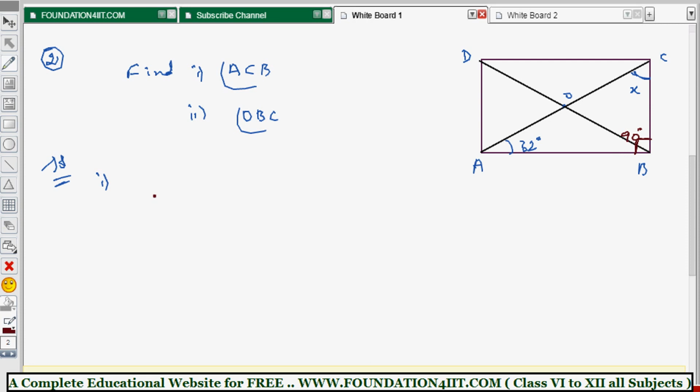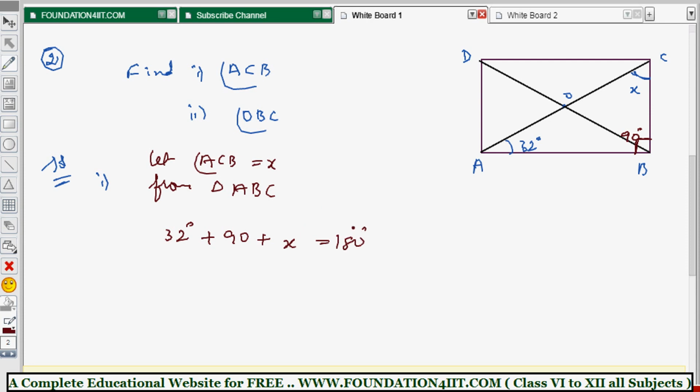From triangle ABC, angle BAC is 32 degrees plus 90 degrees plus the angle we have to find, ACB, which I took as X. The sum of the three angles in a triangle is 180 degrees. Then we can find out the X value easily.